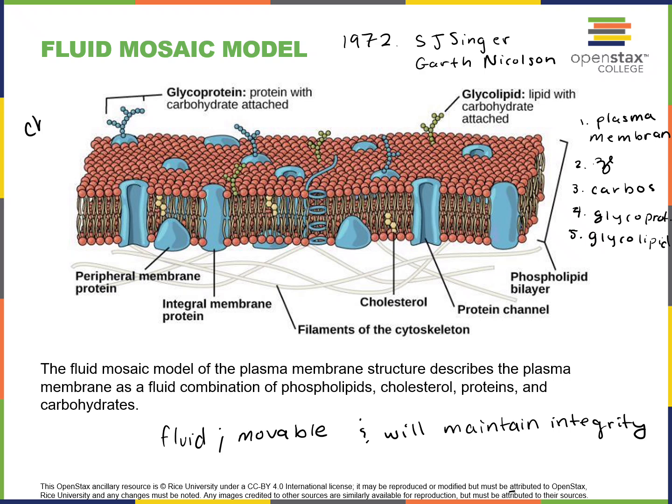The cholesterol acts like antifreeze so that your cells don't become entirely rigid when it's cold and all that stuff. Like I said, the heads are polar, and the tails are nonpolar.